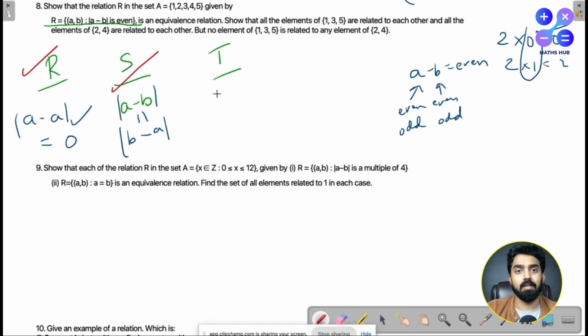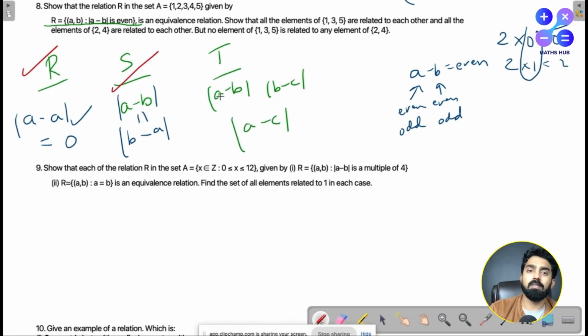Is it transitive? So if a minus b is even and b minus c is even, will a minus c be even? Yes, because if a minus b is even, you know that either a and b both are even or both are odd. If b minus c is even, you know that b and c are both even or both odd. So if a minus b is even and b minus c is even at the same time, so it has to be at the same time, correct?